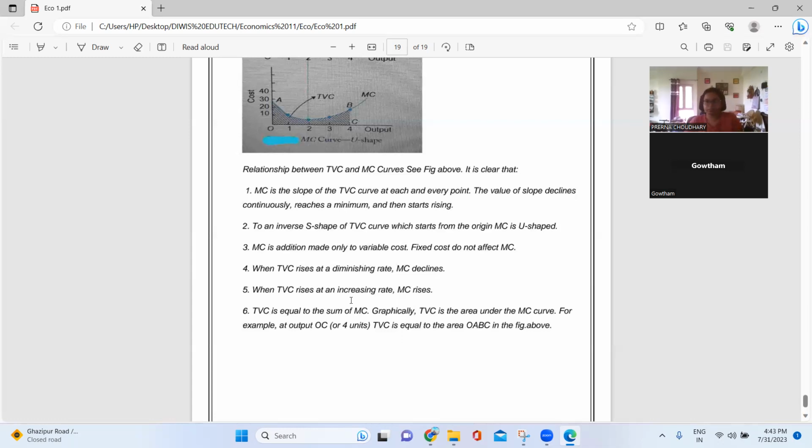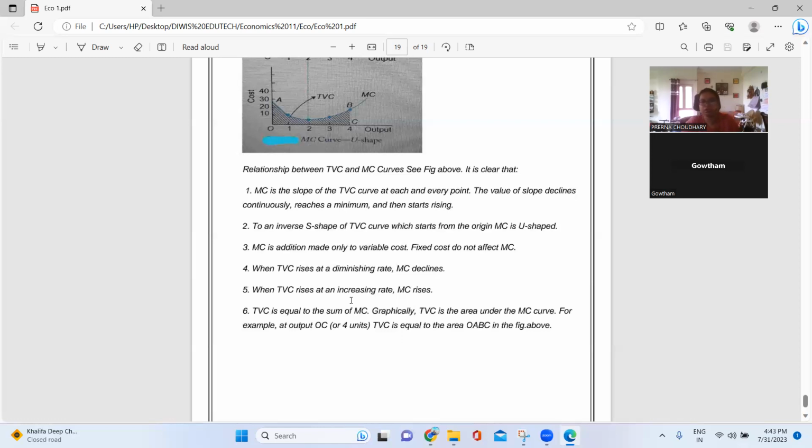Just keep this in mind. When TVC rises at a diminishing rate, MC declines. When TVC rises at an increasing rate, MC rises. TVC is equal to the sum of MC. Graphically, TVC is the area under MC.